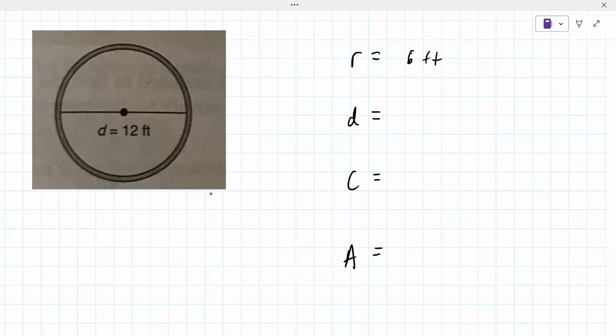The diameter is 12 feet. Yep. Good. Keep going.